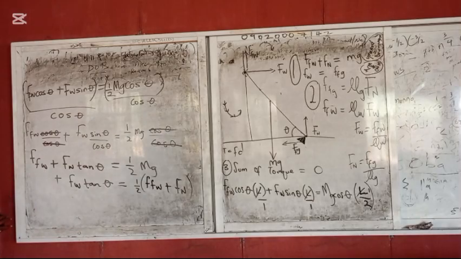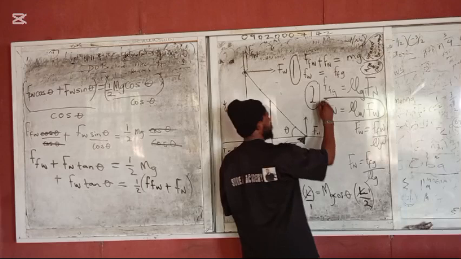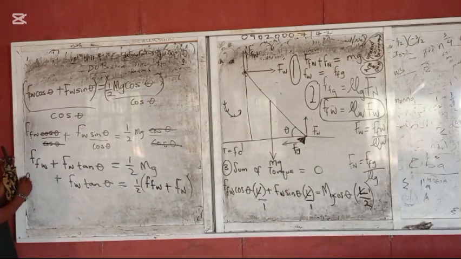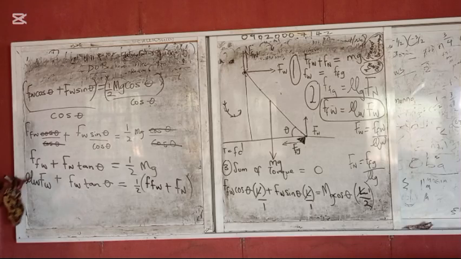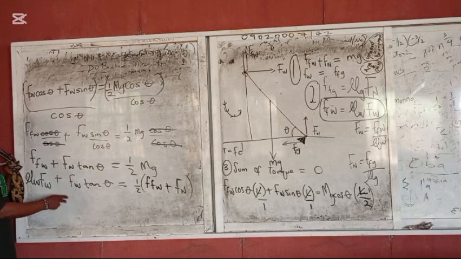Is it equals to anything? Yes. FFW is equal to this, is it not true? Frictional force of the wall. So I can simply say, okay, let me replace this with FW. Which one? FFW. This one. It's FW. I just brought what I have here down here.